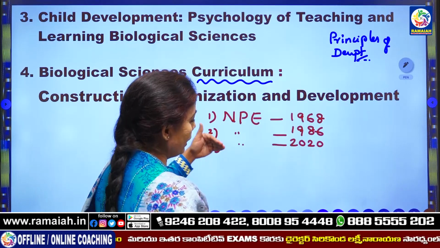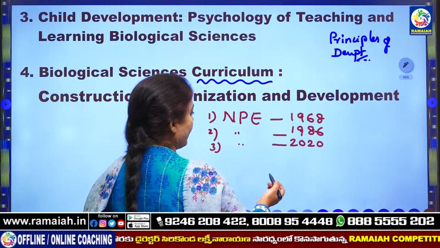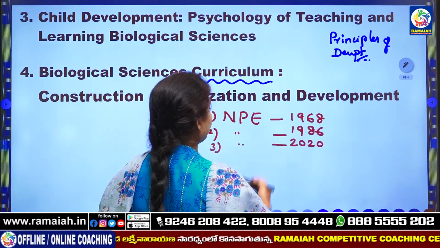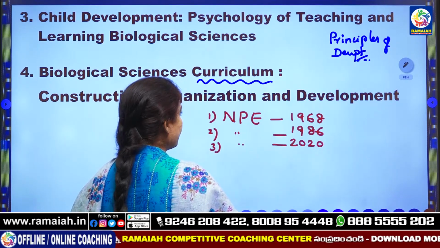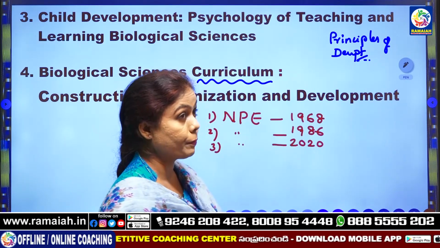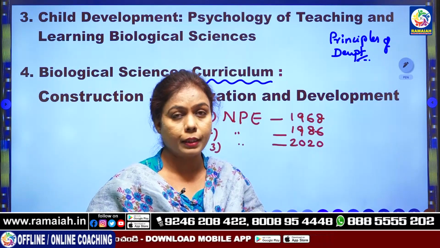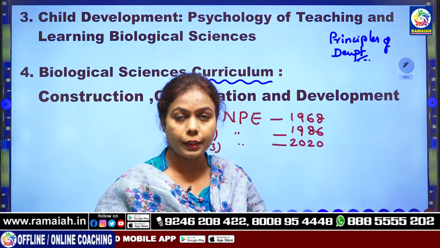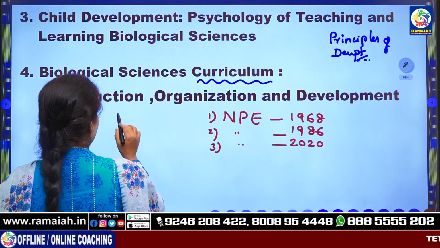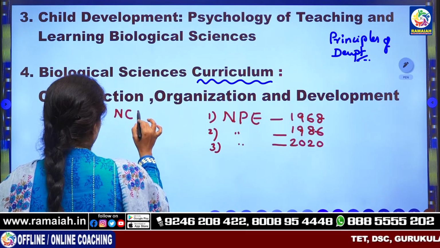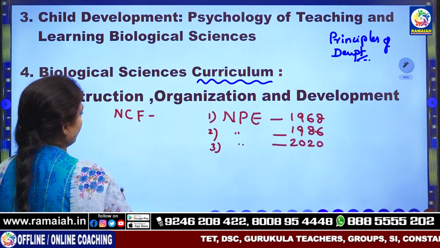We have to learn about the recommendations of NPE 2020, and NPE 1986 also proposed many principles, like the 10 core principles for curriculum. So we have to learn everything, and the most important area of this unit is the National Curriculum Frameworks, NCFs. In India, till today we have 4 national curriculum frameworks.